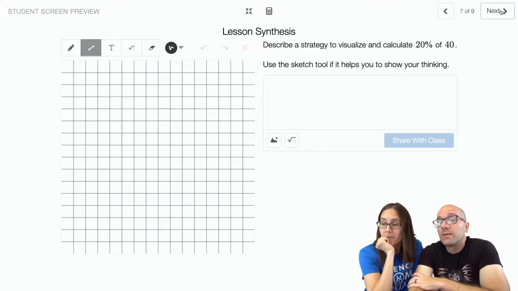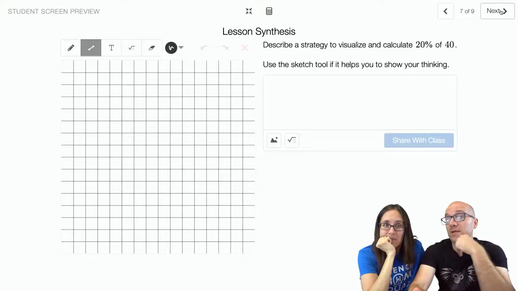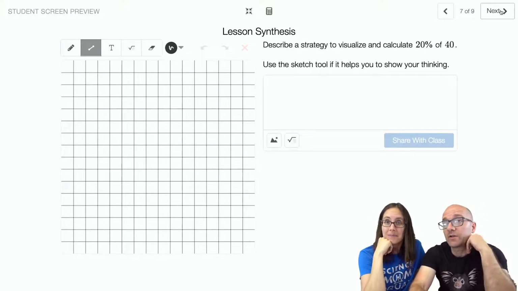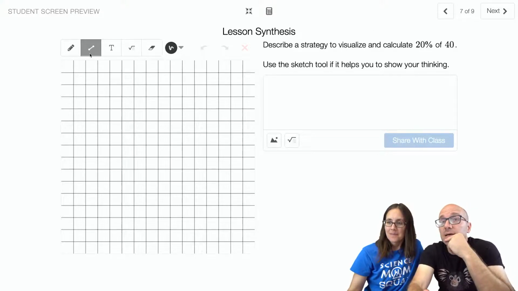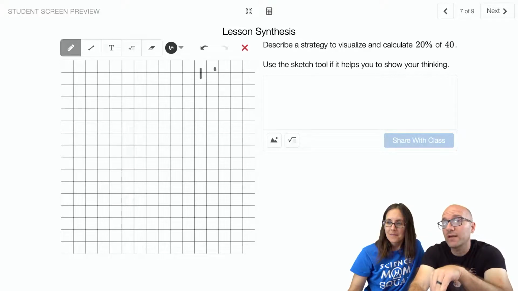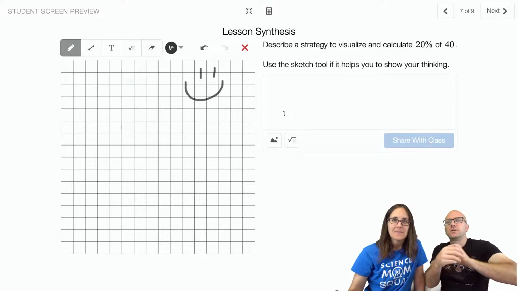There are lots of ways of doing it, although perhaps a visual explanation would suit some of you. You could use the grid off to the left, or if you want to try to do it in words, you can use that box. Take a couple of minutes and see if you can put into words how you would calculate 20% of 40, and then we'll highlight some solutions.